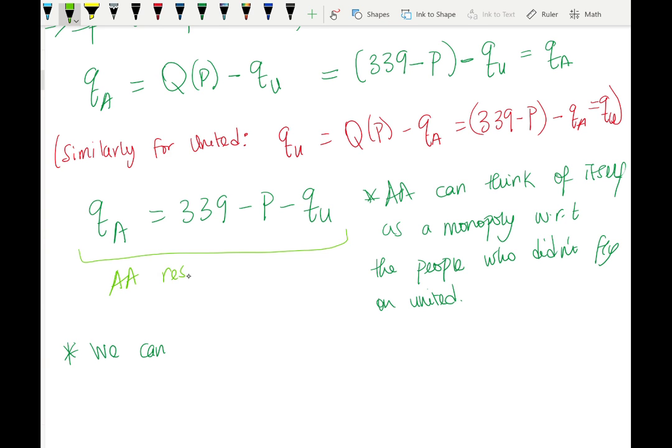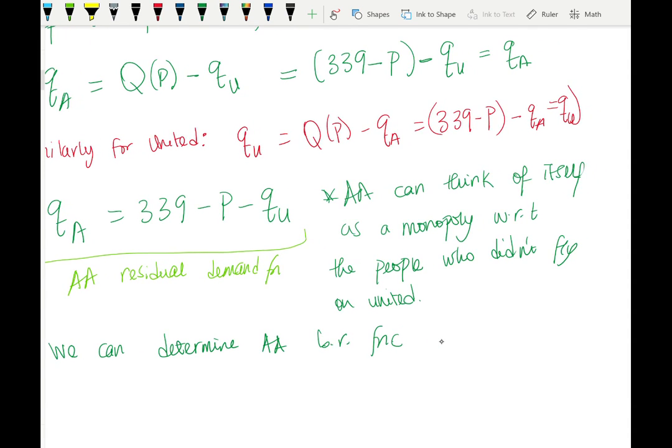Right, residual demand function. So with that information, we can determine American Airlines' best response function to whatever quantity United does.